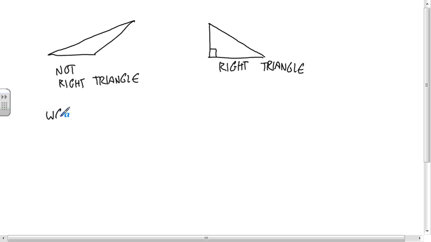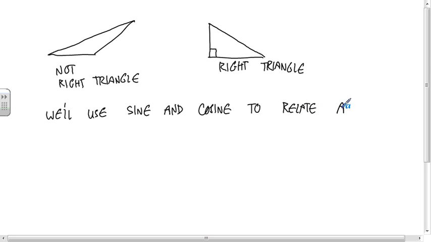And we'll use sine and cosine to relate the angles of right triangles to the side lengths.